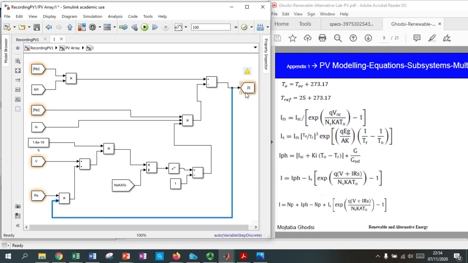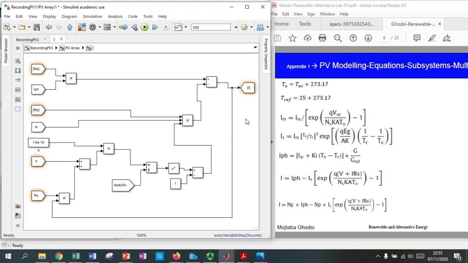Now if we have the output I times RS plus V times Q divided by NSKT, then e power this expression minus 1 multiplied by IS multiplied by NP. The output of this one minus NP IPH. Then it becomes I. Then we can consider this one as the output.